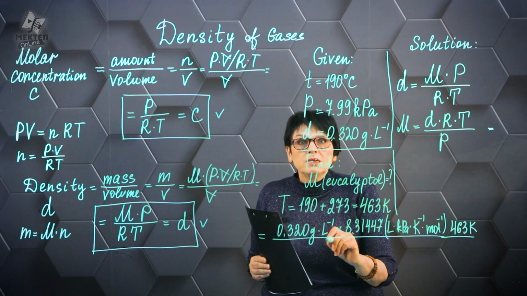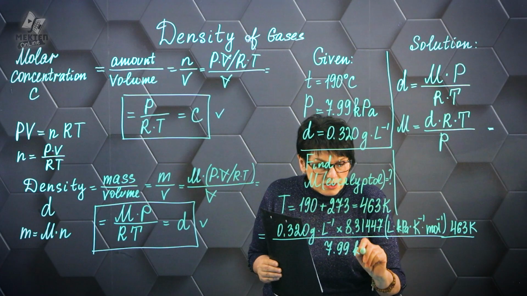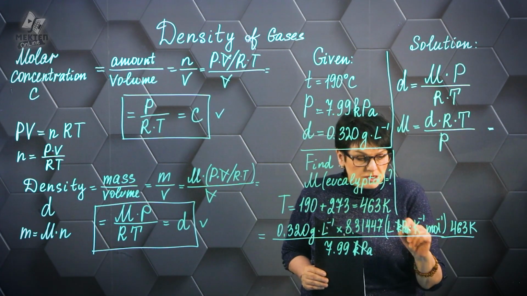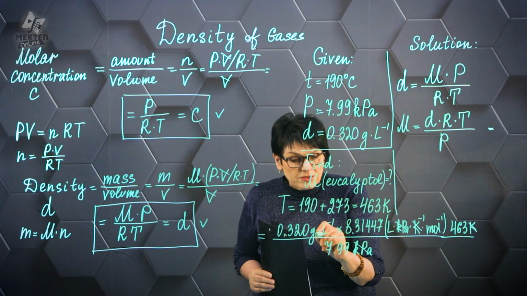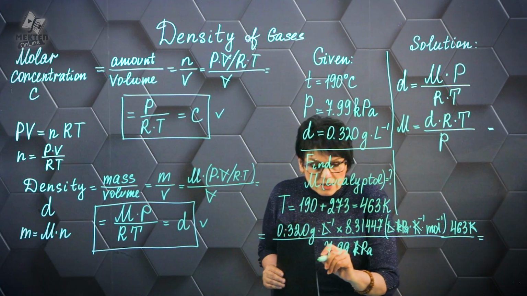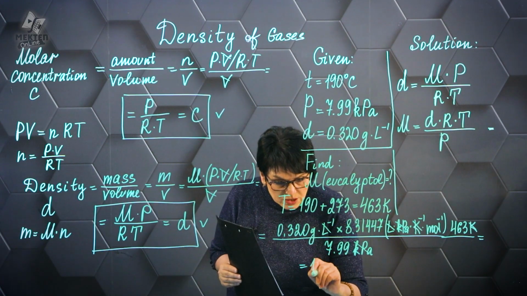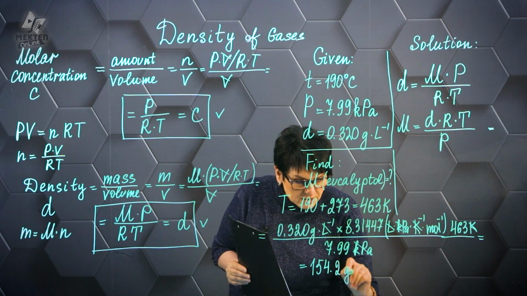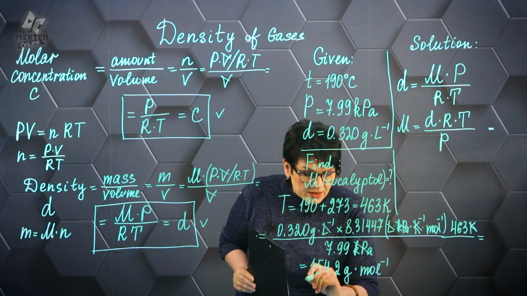At the bottom, we have the pressure, which is 799 kilopascals. Let's check the units of measurement: the kilopascal cancels, the Kelvin cancels, the liter cancels, and we have the molar mass in grams per mole, which equals 154.2 grams per mole. That's our answer.